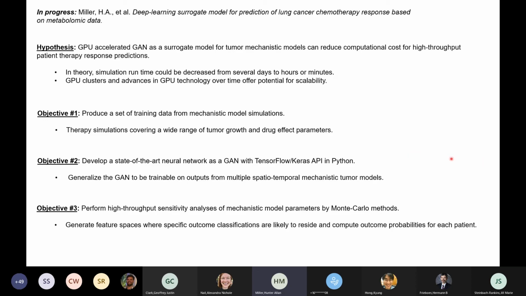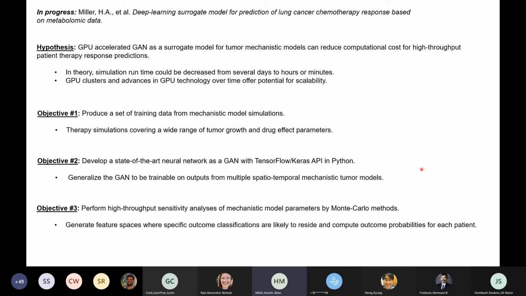So objective number 1 is to produce a set of training data from the mechanistic model simulations. And these will include simulations covering a wide range of growth and drug effect parameters. Objective number 2 involves developing a state-of-the-art neural network as a GAN with TensorFlow and Keras in Python, and generalize it to be trainable on outputs from multiple spatiotemporal mechanistic tumor models.